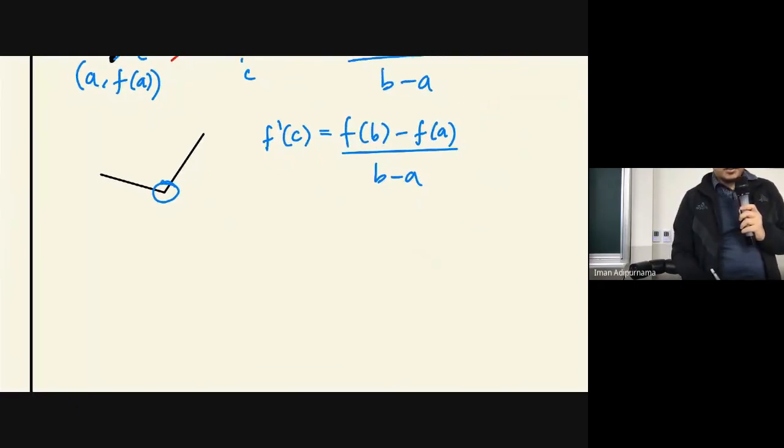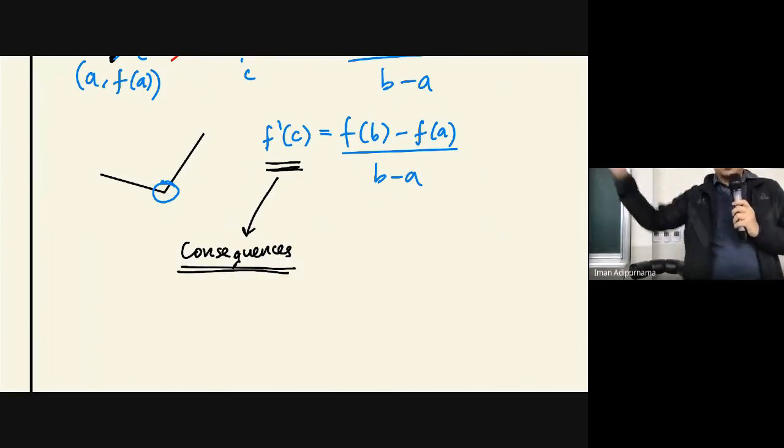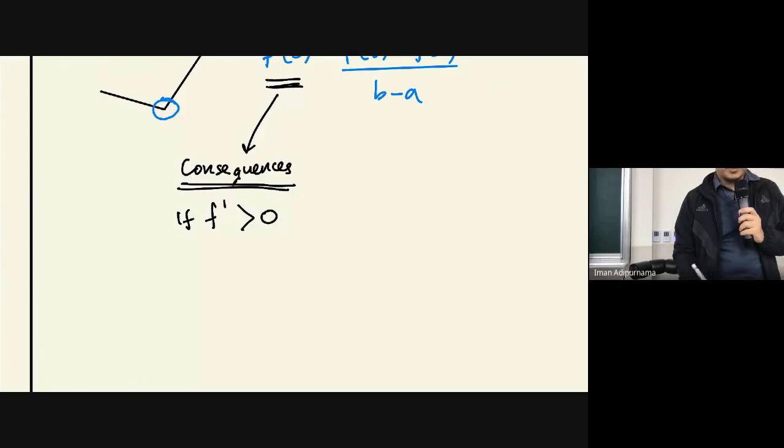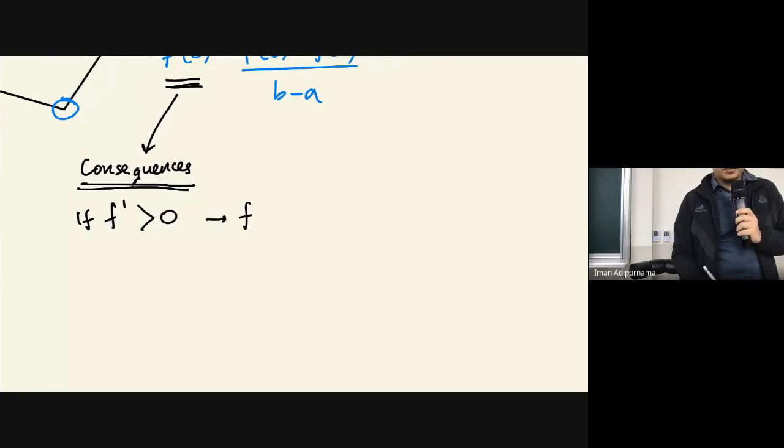Based on the first derivative, as a consequence, and also for the next theorem, if f prime is greater than 0, we say the function is increasing.